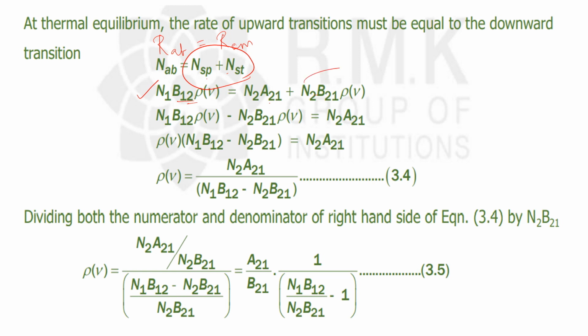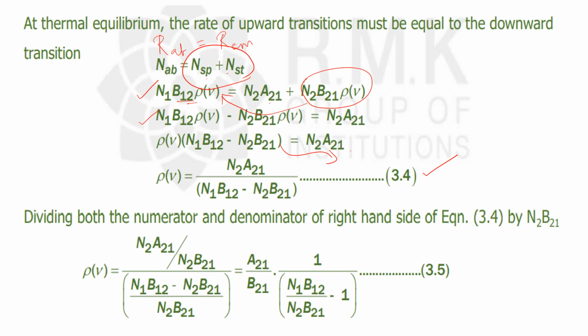That is, the second term on the RHS is taken to the LHS, and we arrive at this equation. Then rho nu is taken as the common term. The remaining part is kept within the bracket and taken to the denominator of the right hand side. Now we arrive at this equation.